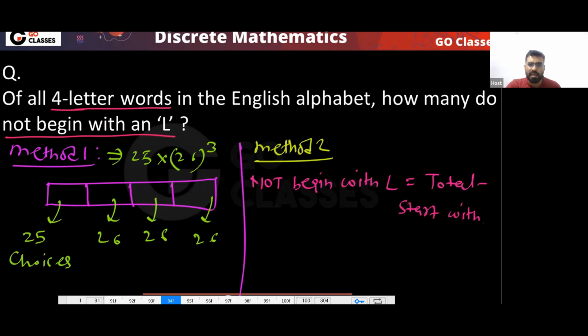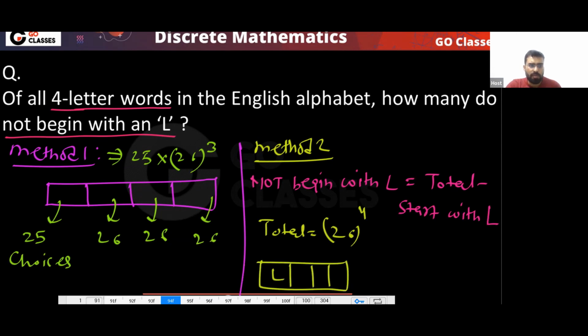Total minus starting with L. So how many total do we have? Total is 26 power 4. And how many will start with L? That will be 26 power 3. So from method 2, your answer will be 26 power 4 minus 26 power 3.